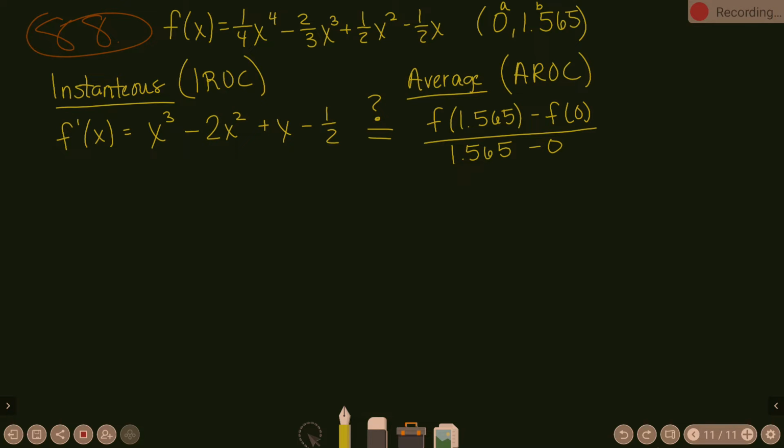So I can hit y1 and then use, just like you would f of a number, use parentheses. So y1 of 1.565 in parentheses minus y1 again, because now it's y1 evaluated at 0 over 1.565 minus 0. That just did all the work right there.